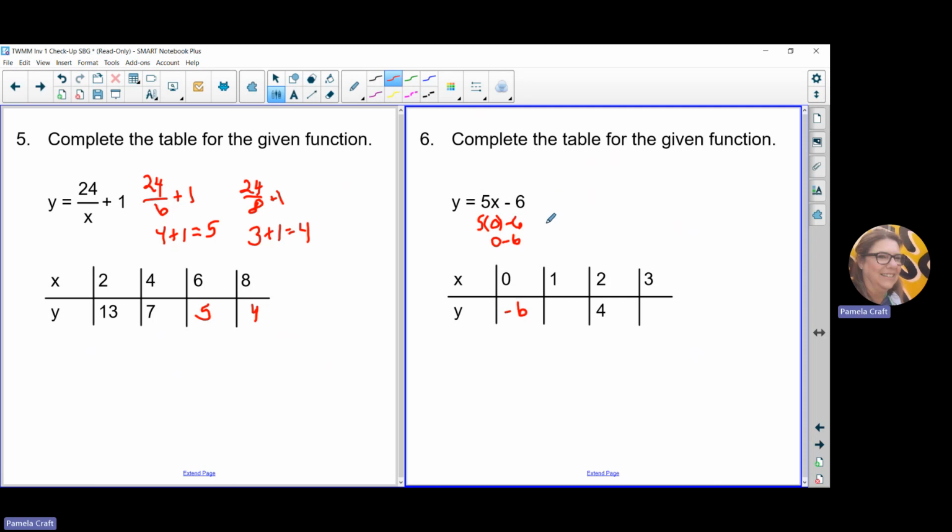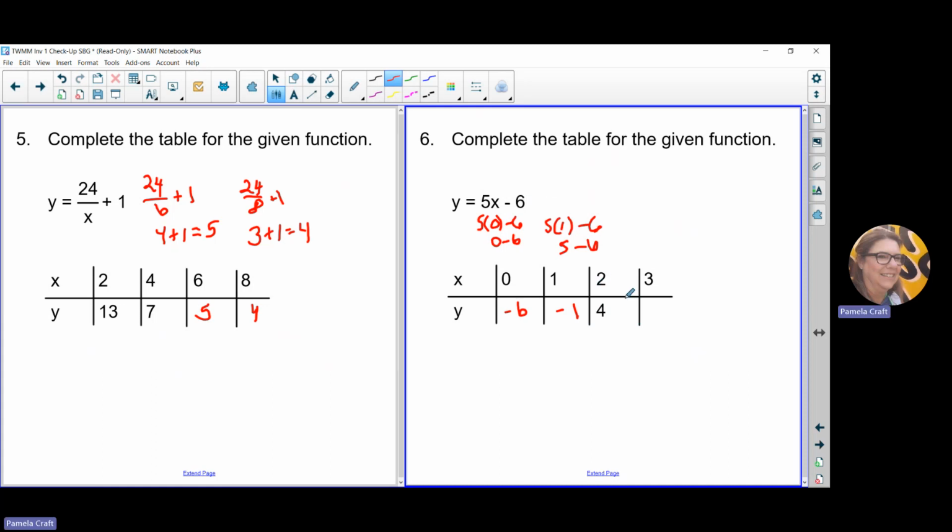The next one, 5 times 1 minus 6. 5 times 1 is 5. And 5 minus 6 is negative 1. This one was done for us. 5 times 2 is 10.